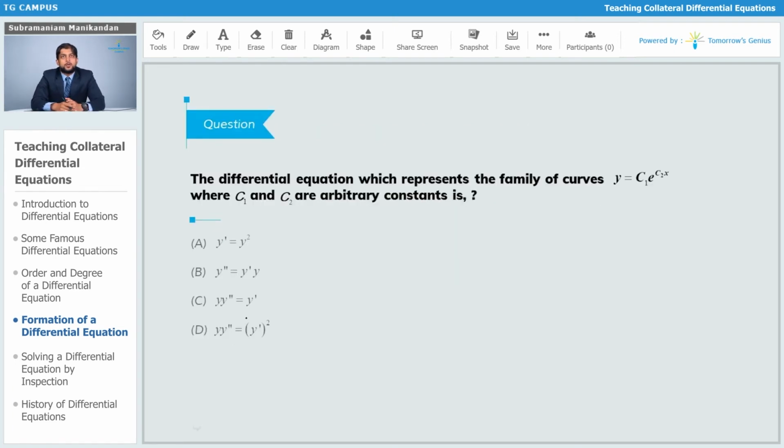The differential equation which represents the family of curves y is equal to c1 e to the power of c2x, where c1 and c2 are arbitrary constants, is which of the following options?